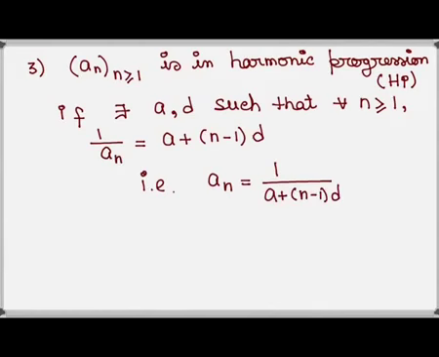So basically we say the sequence a_n is in harmonic progression if the sequence 1 by a_n is in arithmetic progression. Now we make a note here.